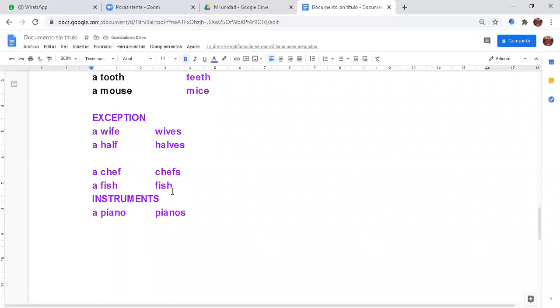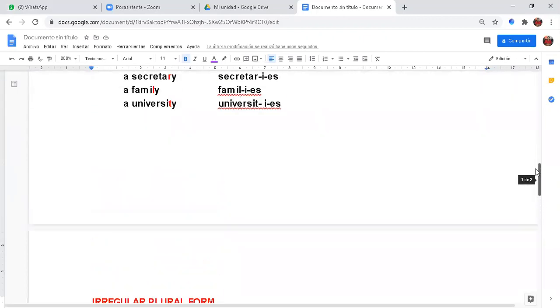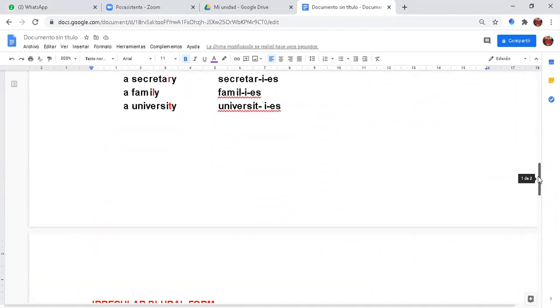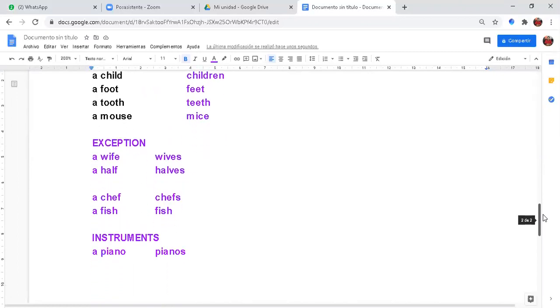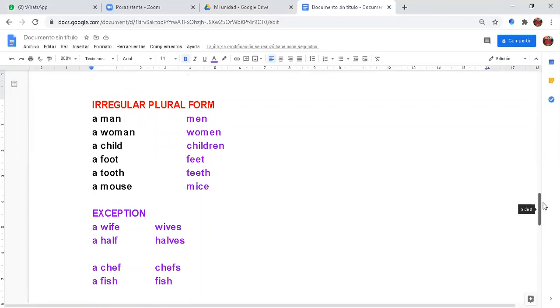When we talk about instruments, don't say no, because it ends in O; piano is pianos. There are more, but those are the most important. The 3 rules and irregular forms, exceptions for instruments, and so on.